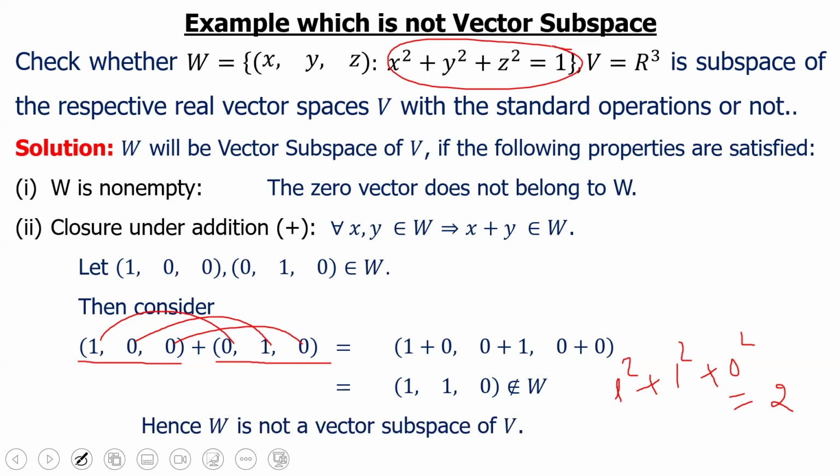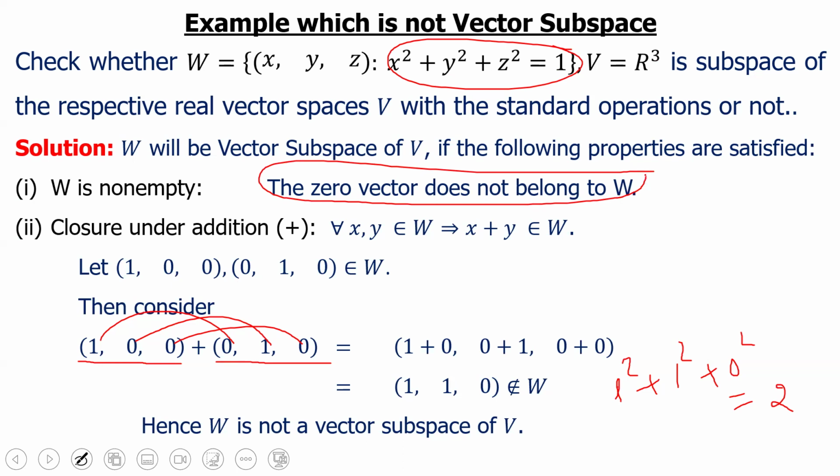Since at least one property of being a subspace is not satisfied by the given set W, W is not a vector subspace. Out of these properties, if we only check the first property, then also we are able to say that the given set is not a vector subspace.